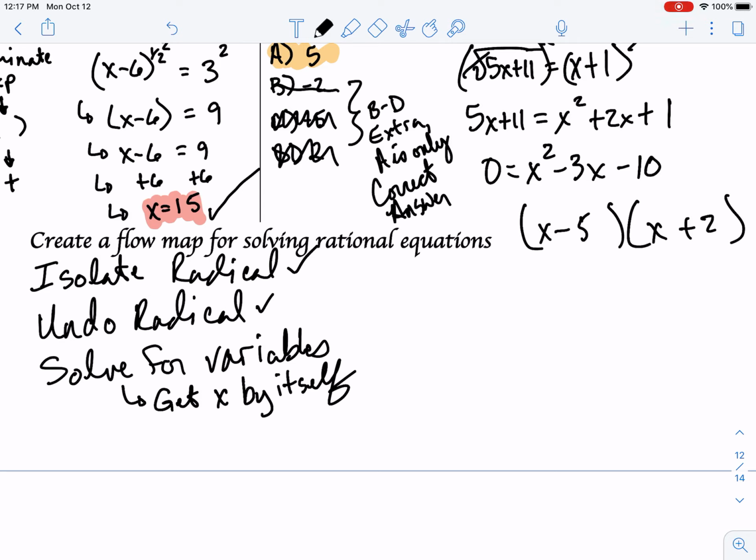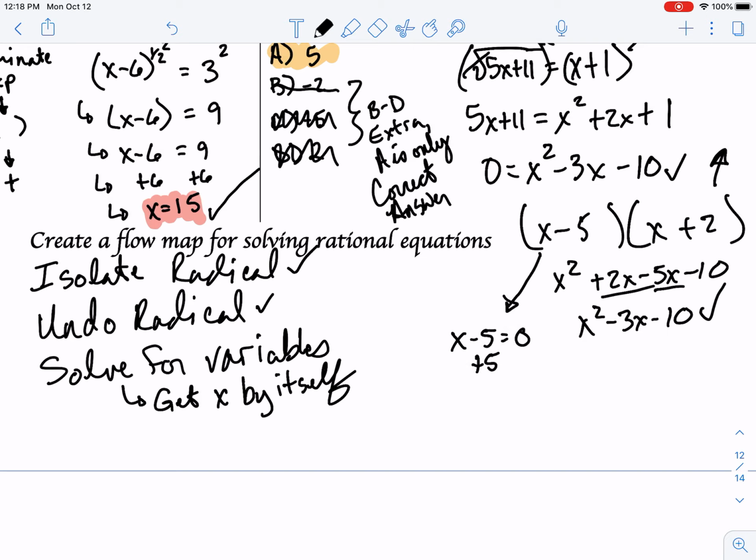Quickly double check my work: x squared plus 2x minus 5x minus 10. Combine like terms, x squared minus 3x minus 10. That's what I had here. To solve, you set your factors equal to 0, get x by itself. So I have x is equal to 5, and x equals negative 2.